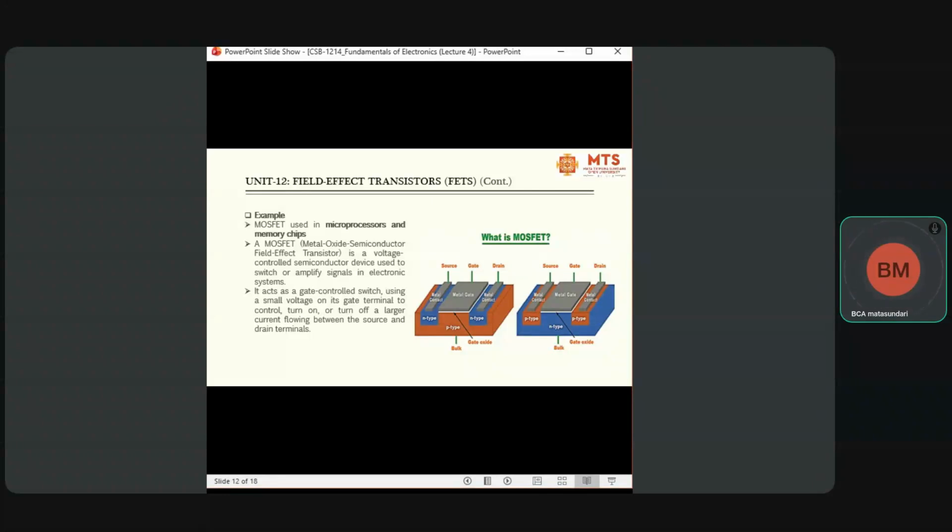So here you can see the diagram. You see source, gate and drain. Gate is metal gate, with N-type, P-type and N-type, gate oxide and bulk. The second picture is the same.